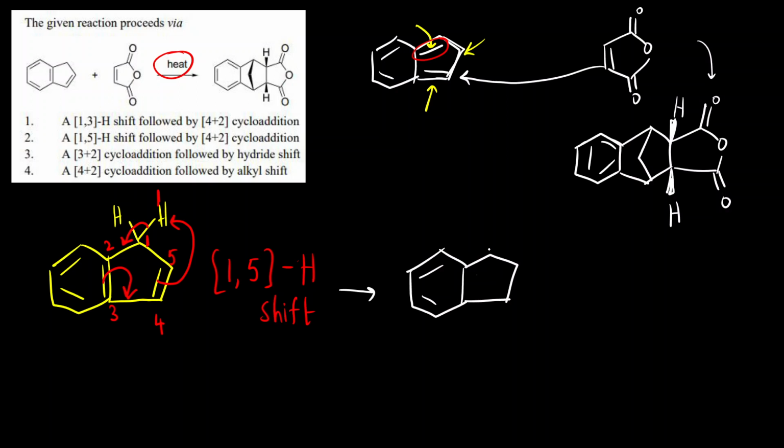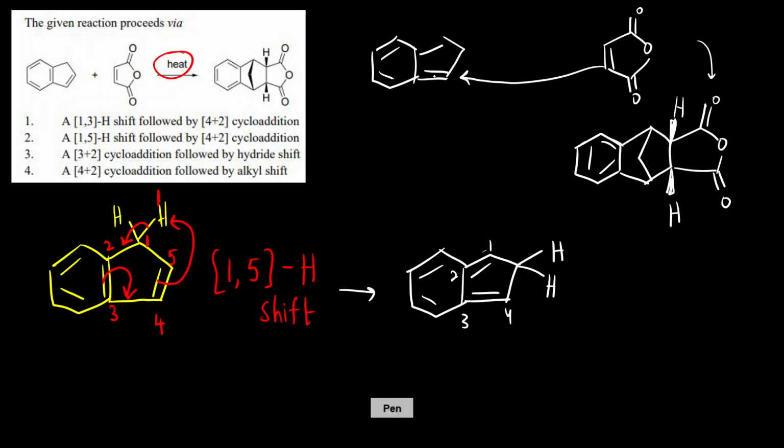Here, 1, 2, 3, 4, 5: between 1 and 2 there is a double bond, between 3 and 4 there is a double bond, and at 5 there are two hydrogens. One hydrogen was already there, and there is one more hydrogen. Then this is the reaction that I showed you earlier.